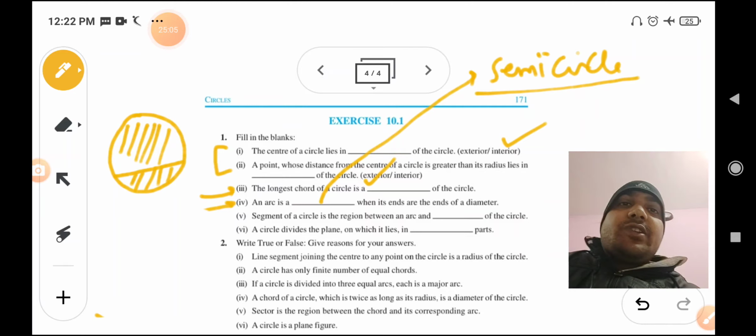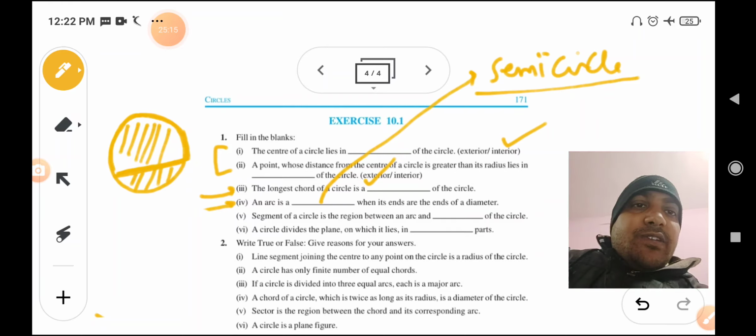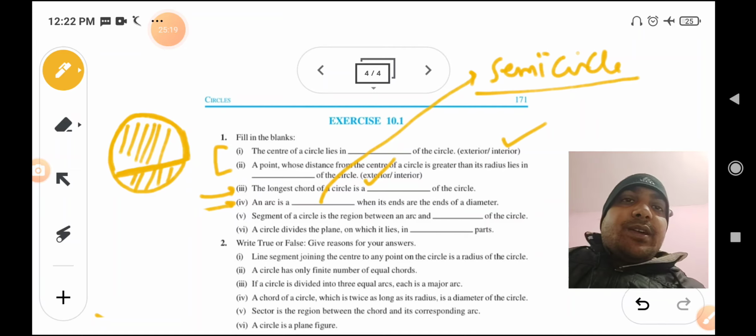So for the fifth part, answer will be chord of the circle.